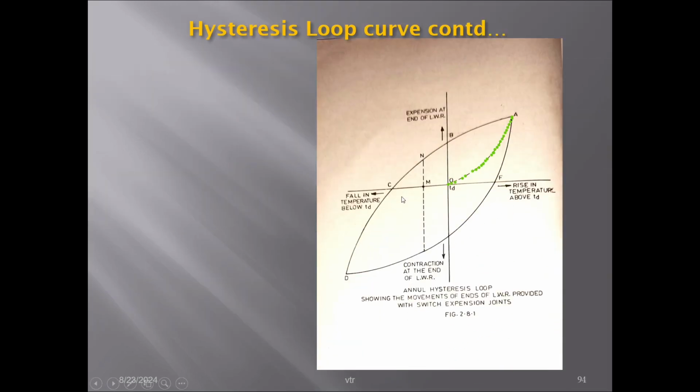Let us assume this picture shows that we are installing the rail with the sleeper fastening down at TD. Now the temperature increases.